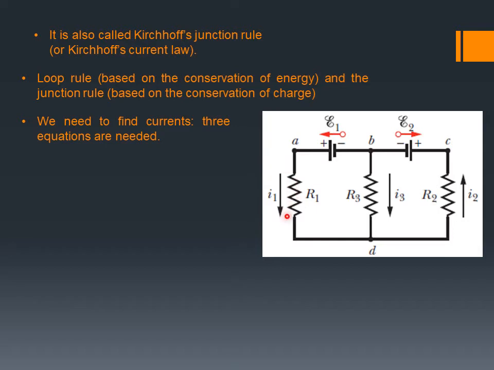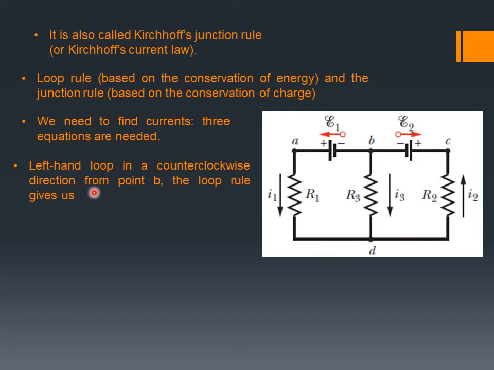Here are three currents, I1, I2 and I3, and you also know that when there are three unknown variables, we can determine them by writing down three equations. Yes, we have one equation, which is I1 plus I3 is equal to I2, we just discussed, but we don't have the other two equations. So we need two more equations.